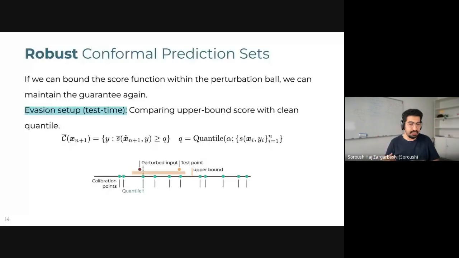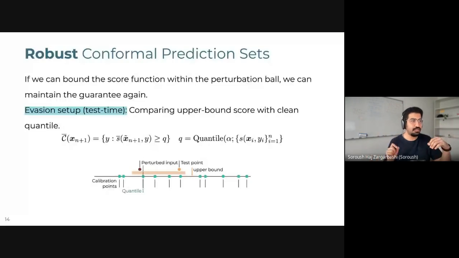Let me rephrase: in the previous setup, I computed the quantile on every score, and every calibration point was clean, so I computed the scores in the trivial way, and for the test point I computed the upper bounds. Now, instead, at calibration time, where I have n different samples and n different true labels, I compute a lower bound score just for the true label, and I compute the conformal quantile, the acceptance threshold I mentioned, on the lower bounds of each of these calibration points.